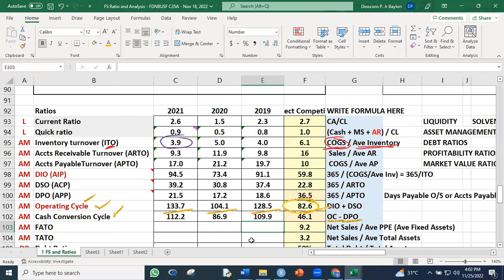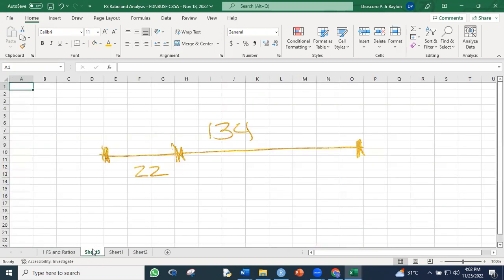What is in row 102 here? Row 102, Sherwin. It's your... class, it's your... okay. It's your cash conversion cycle.